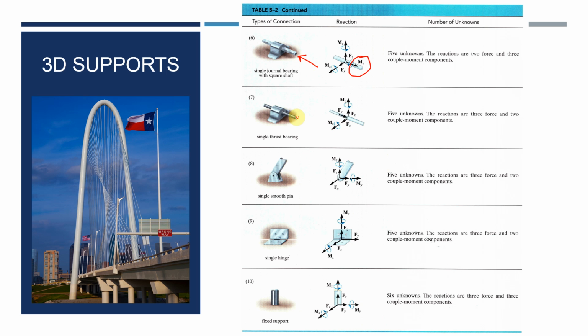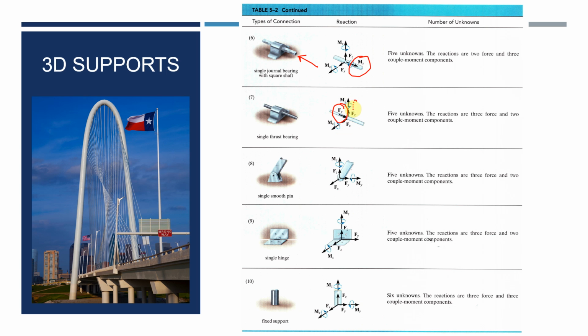Thrust bearings, that's like the bottom bracket on your bicycle. I rebuilt the bottom bracket on my bicycle to figure out how it worked. But you could have a reaction force along the axis of the axle.